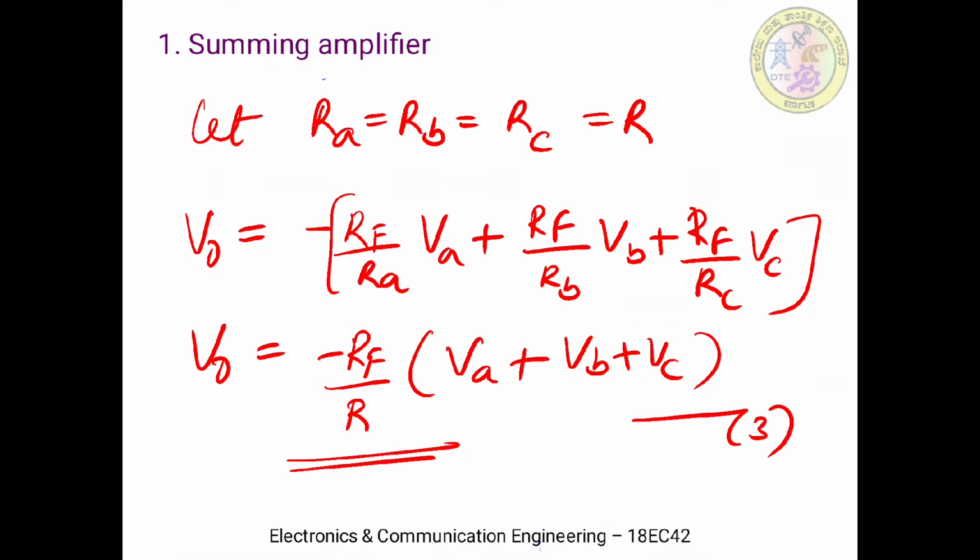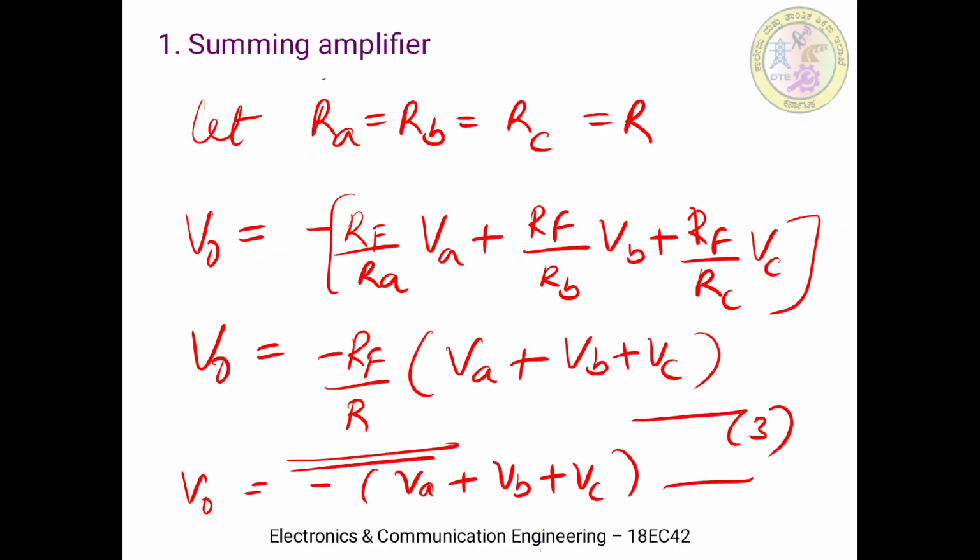So now it shows V naught is the sum of 3 input voltages multiplied by the gain of the circuit, RF by R. Now if the gain is 1, if the RF by R value is equal to 1, then V naught will be equal to simply minus VA plus VB plus VC.